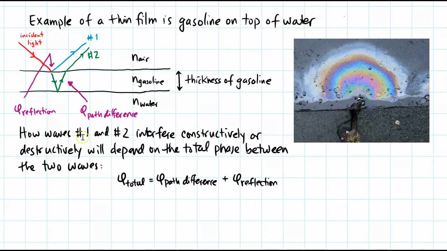How waves number 1 and number 2 interfere, either constructively or destructively, will depend on the total phase between the two waves, where the total phase is that due to the path difference plus the reflection.